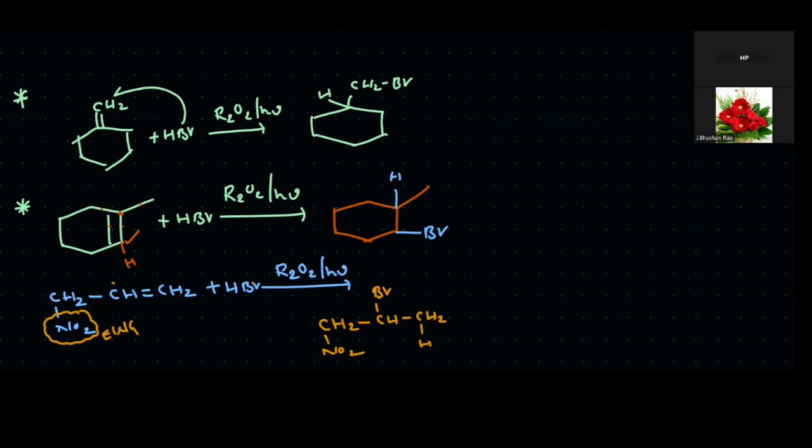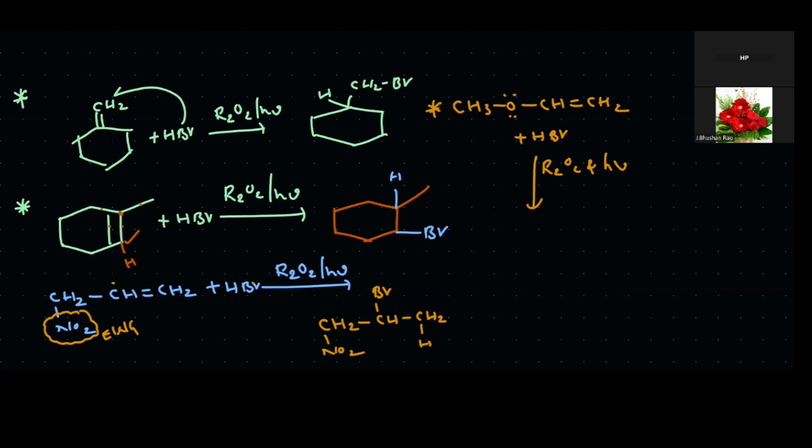One more example, if CH3O, CH double bond CH2, this is one more kind of molecule. If it reacts with the HBr molecule in the presence of R2O2 and h nu. In this, if the bromine free radical attacks here, this one gets the free radical form.